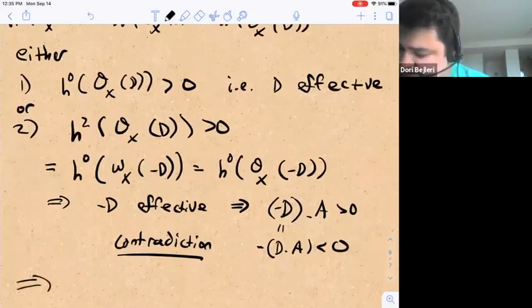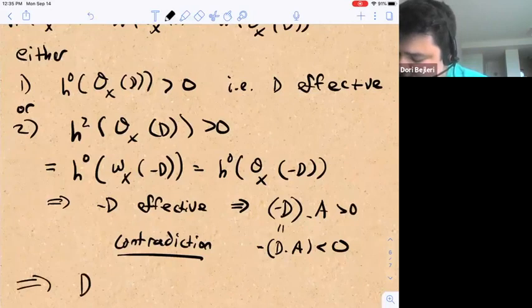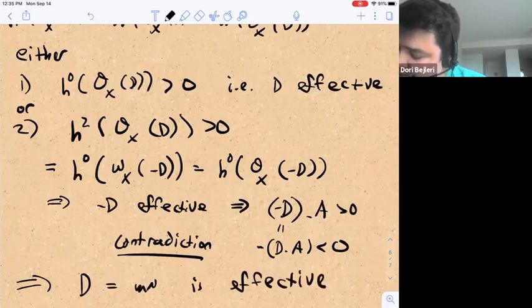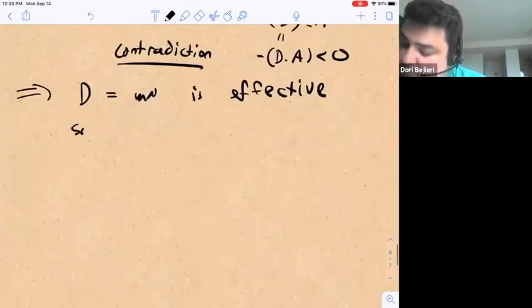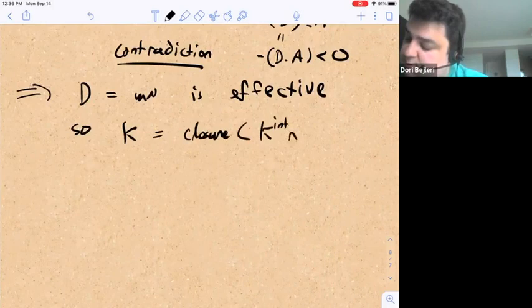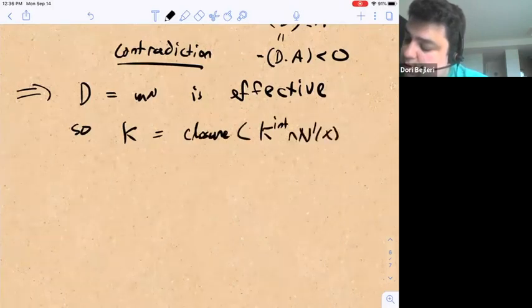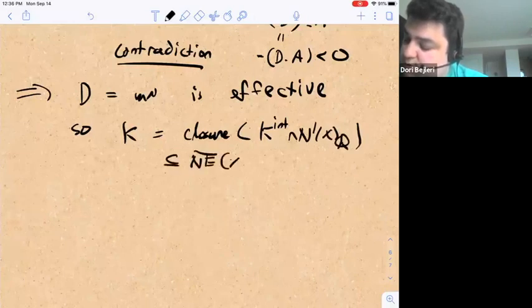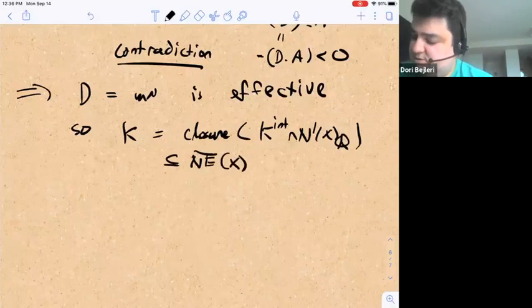So that implies that we have to be in case 1, where D equals MV is effective. So K, which is the closure of this interior intersect rational points, is contained in the closure of the effective cone. And so we're done. Now we have the reverse inclusion.